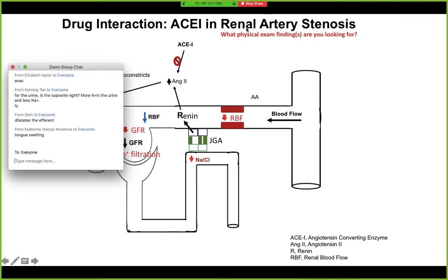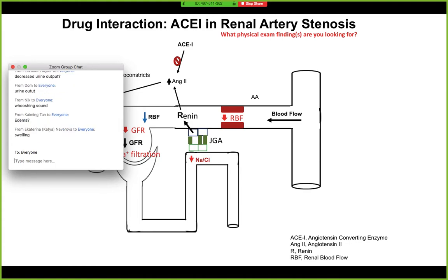So I wanted to go over this just because it's something that comes up a lot in question stems to tip you off that the patient might have renal artery stenosis. So if you're doing a physical exam and you haven't ordered any tests or anything like that, what is the first thing that you might notice in somebody with renal artery stenosis? High blood pressure. Right, but what about when you're examining them?